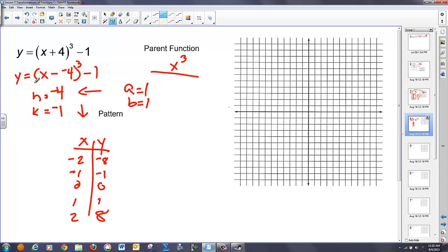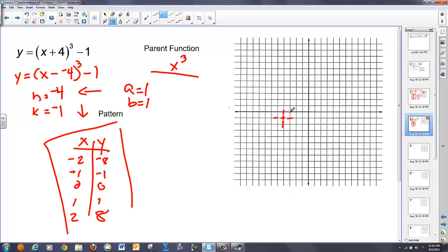So from my new origin, which is 4 to the left and 1 down, I'm just going to put a fictional set of axes here. I graph this pattern.